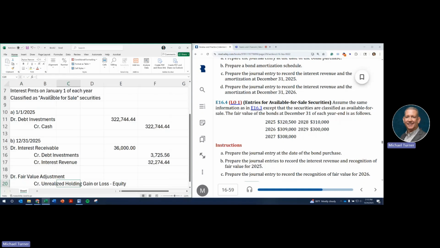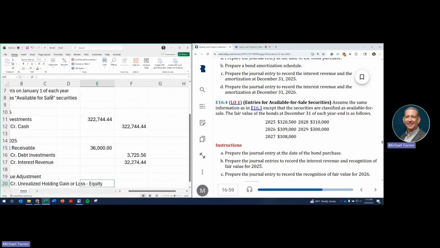In 16.3, it told us that we would hold them to maturity. Therefore, our intention was to hold them for the full 5 years. But here we don't know, we're not committed to that. So they are available for sale. So we will record any recognition using this journal entry format, any change in fair value using this journal entry format. Okay, let's see, what is that amount going to be?